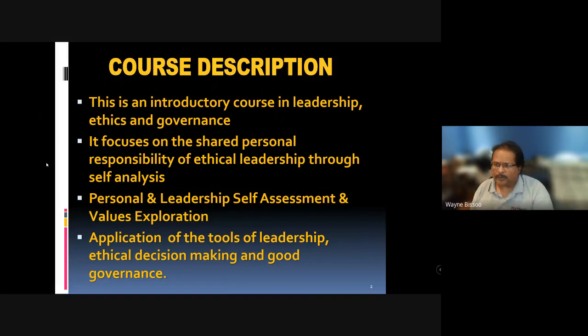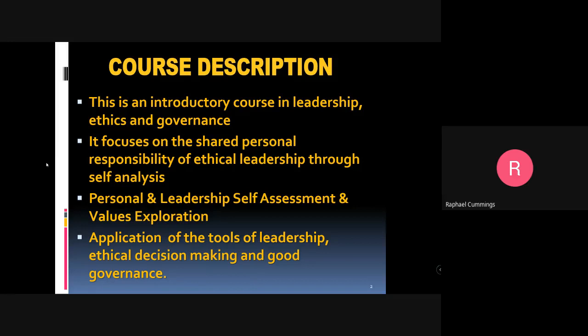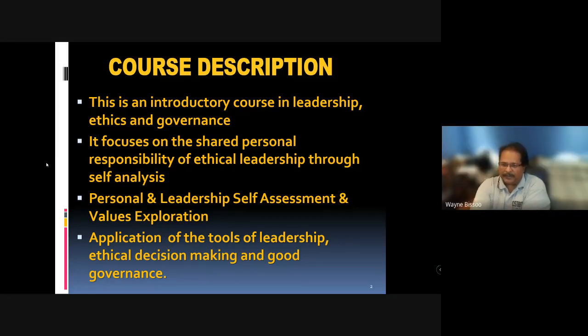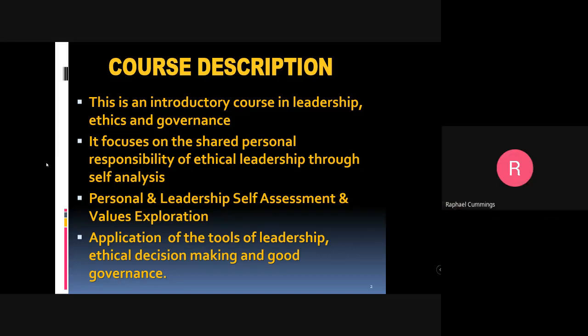So we had talked about this before. Everybody was able to download their course outline. So we said that it was going to be an introductory course, with emphasis on the word introductory. So we're not going to be going into heavy analysis of various leadership models, but we're going to be focusing our attention on one particular model.